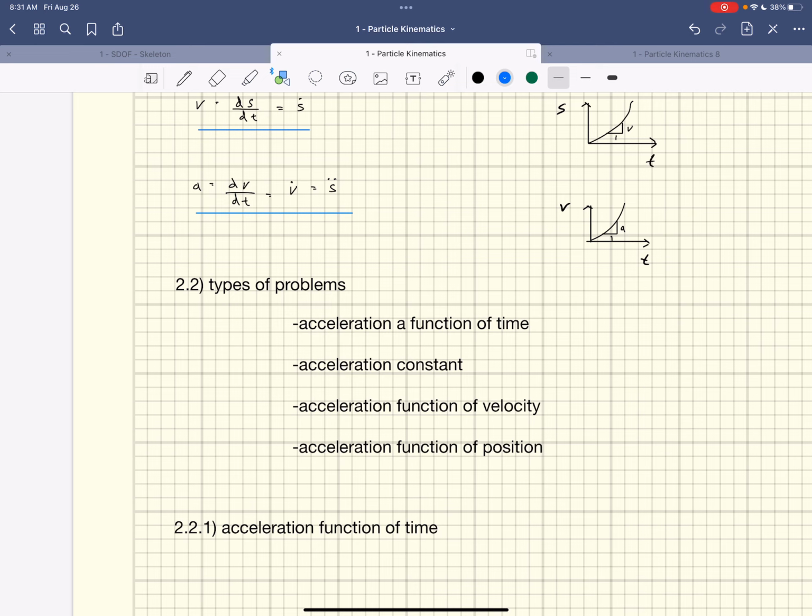What about a constant acceleration? Yeah, we pretend it is. We pretend it's constant. Is it constant? It's not. The further you go, it's inversely related to the distance between two objects.